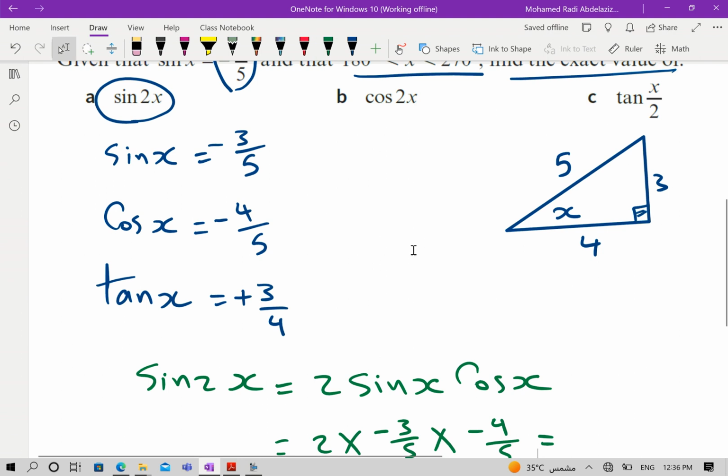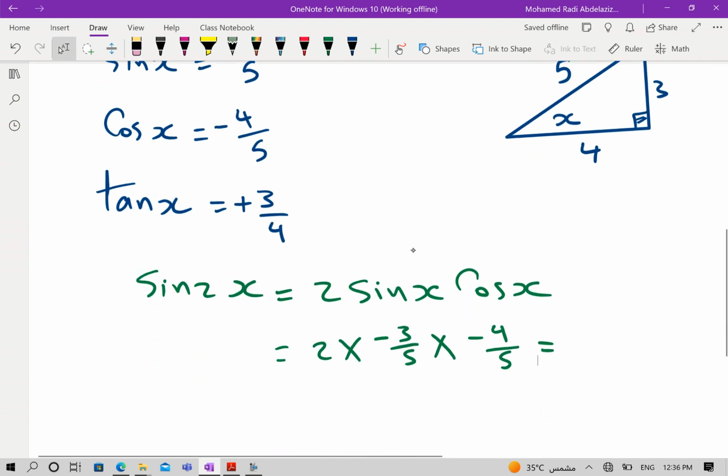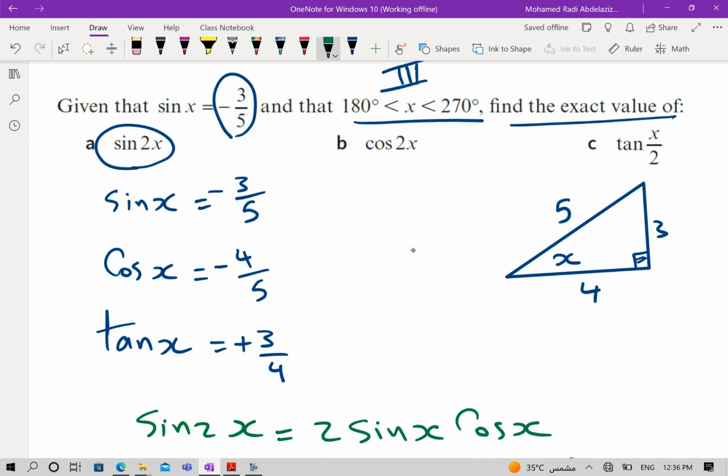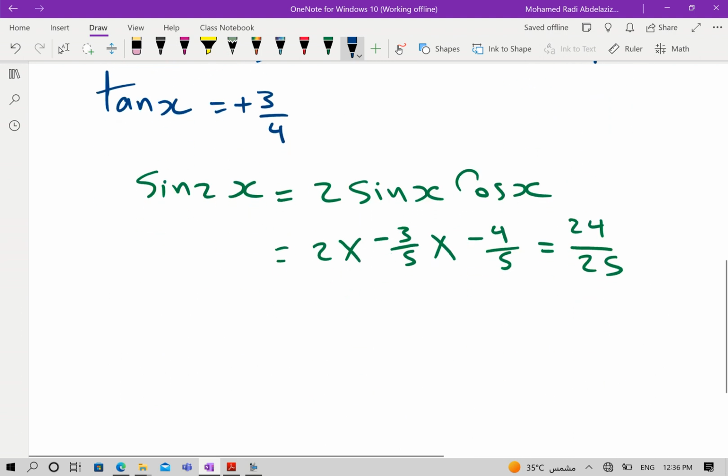Then simplify your answer. Your answer will be 24 over 25, positive, since negative times negative is positive. Right? Number 2, or part B: cosine 2x. What is the formula of cosine 2x?